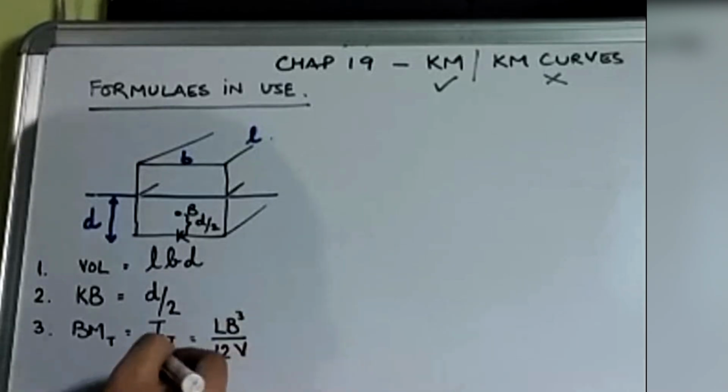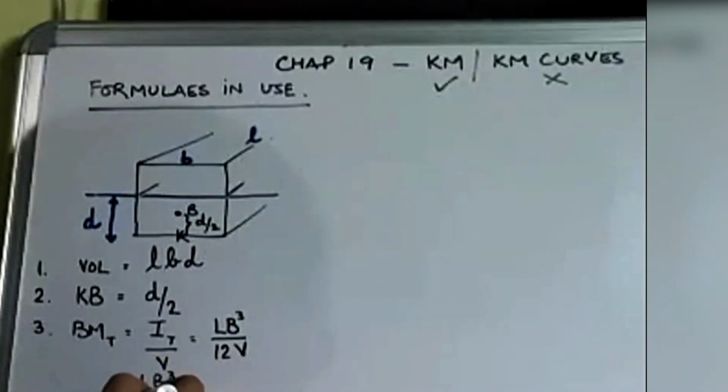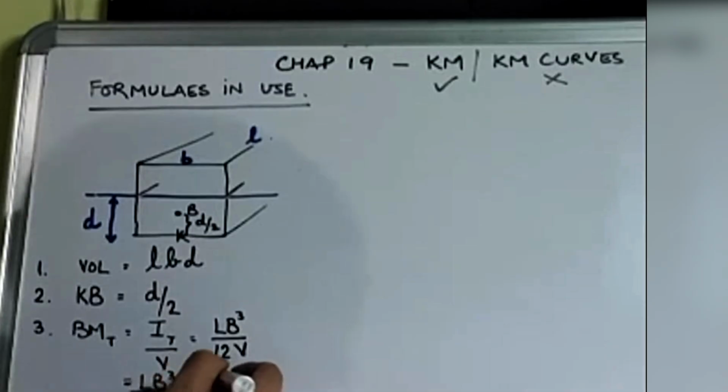If I put LBD in it, what I get is B square by 12D.